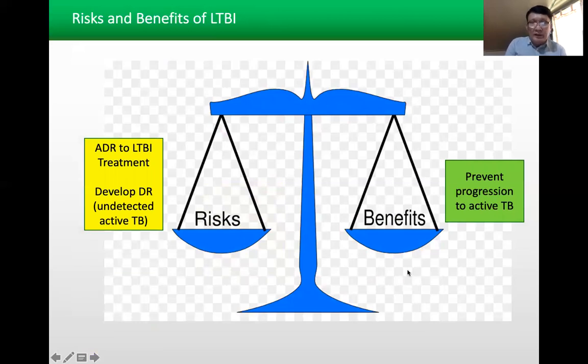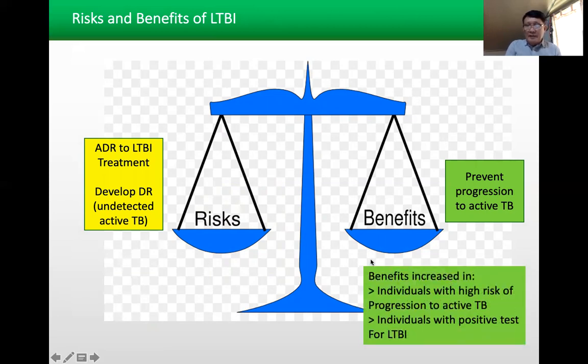The risk, okay, so we will have to balance it. There are the benefits and there are the risks. The risks are adverse drug reactions to LTBI treatment, or developing drug resistance, especially for those with undetected active TB.